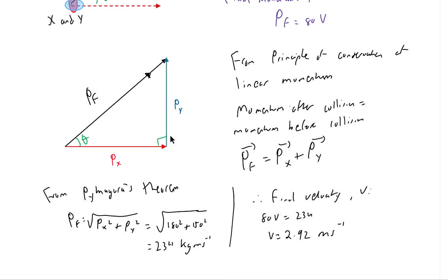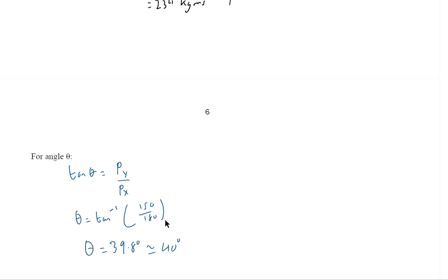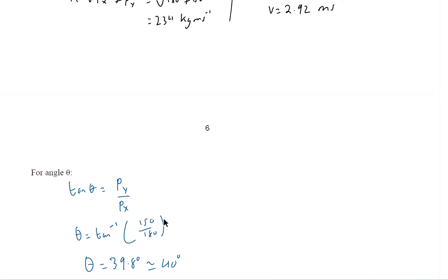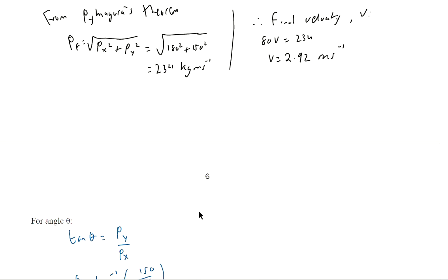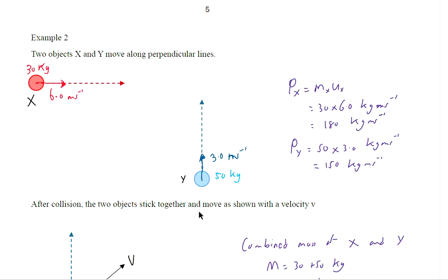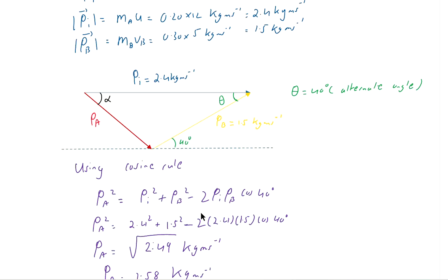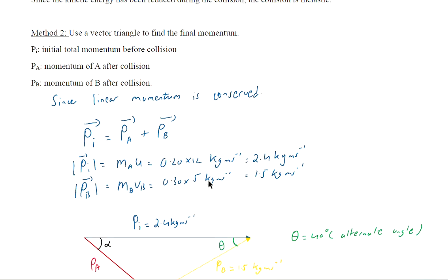So tan theta is going to be equal to py over px, opposite over adjacent side. So we are going to be obtaining 39.8 degrees or 40 degrees. So I hope you find this explanation useful, and we'll continue, hopefully in class.